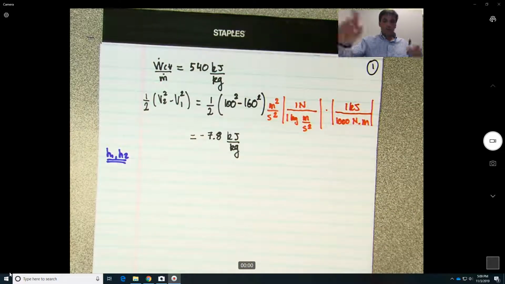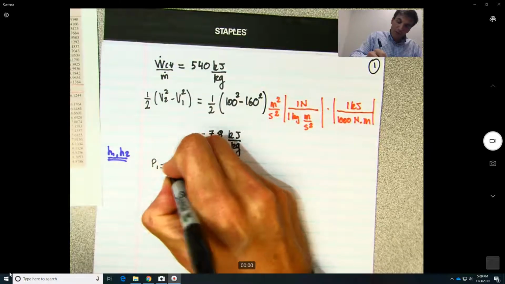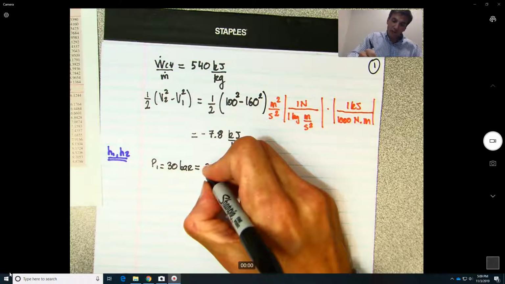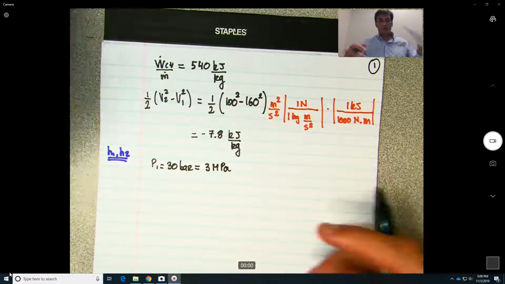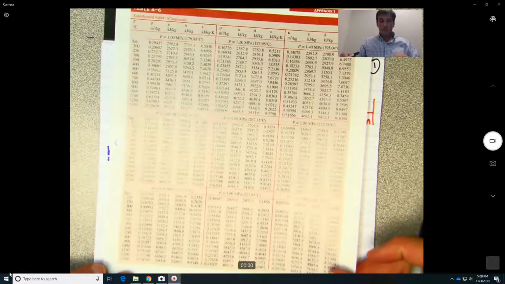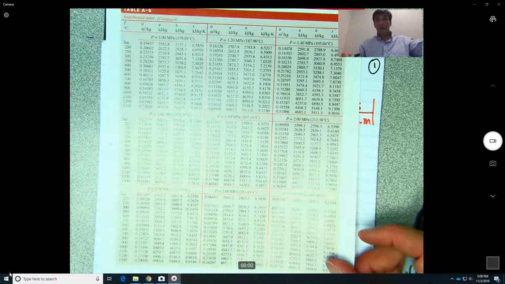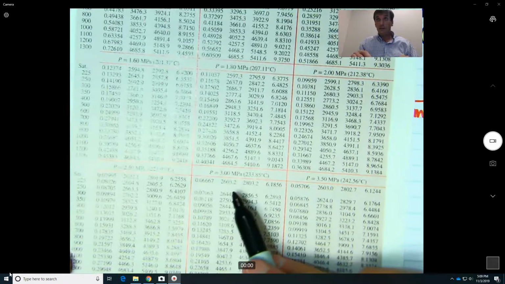We need to make sure that state 1 is 30 bar, which is the same thing as 3 megapascals. So this will be this table over here.